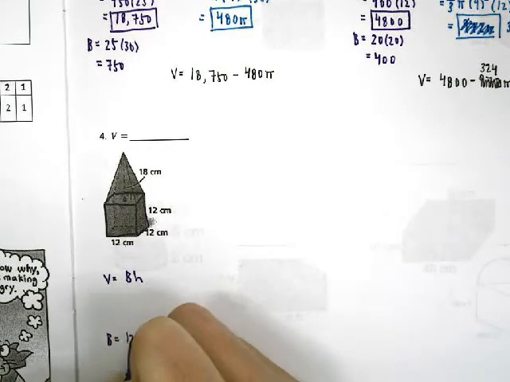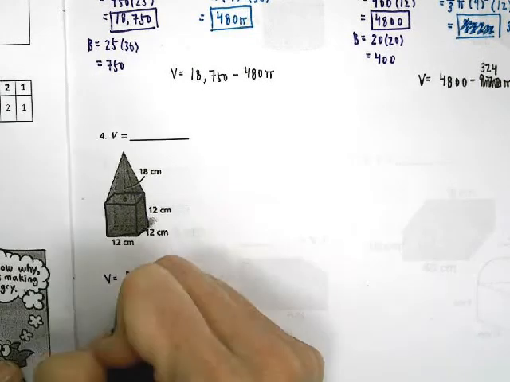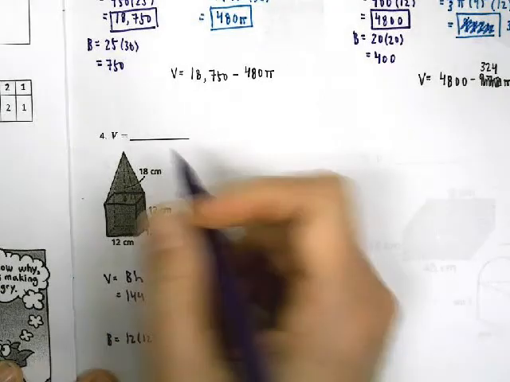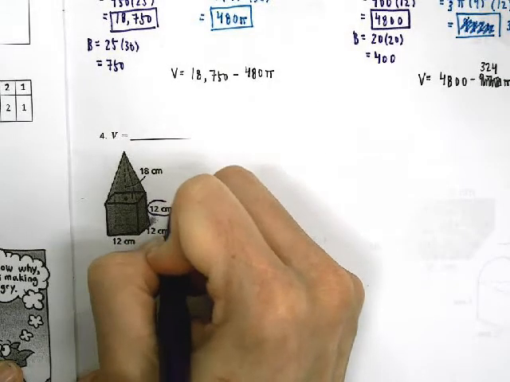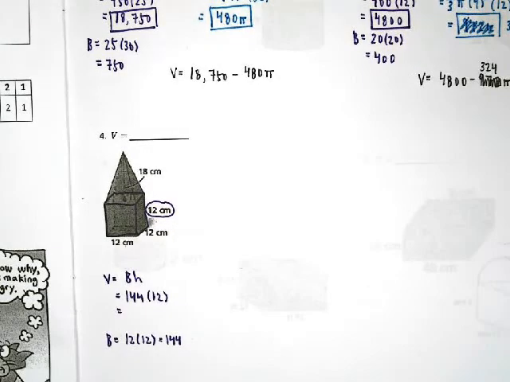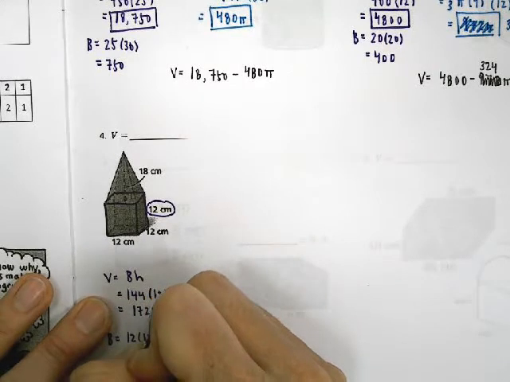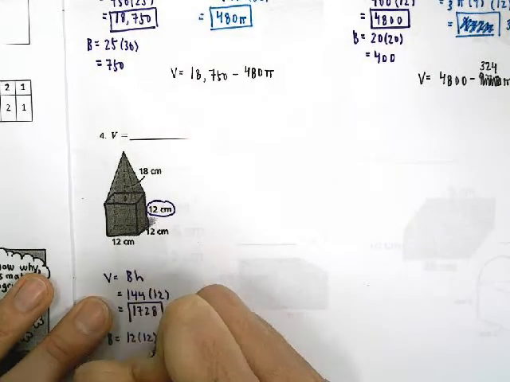For the area of the base, again, is just 12 times 12, which is 144. My height is right here. It's going to be 12. So if I get 144 times 12, I get 1,728 for the volume of my cube.